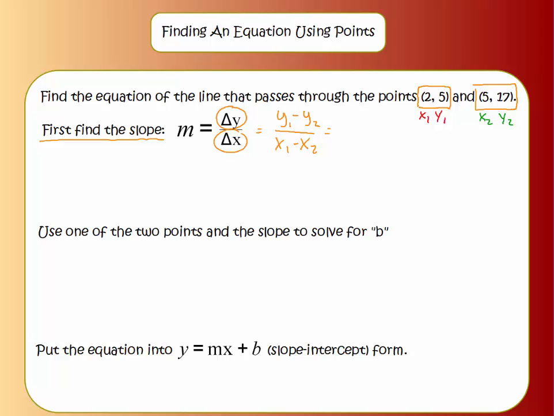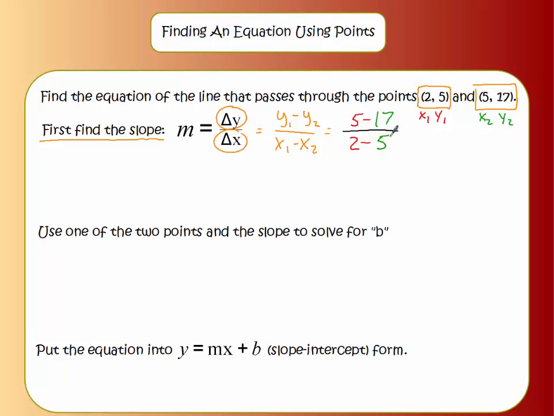Okay, so let me plug these numbers in now. y1 is 5, so I'm going to put 5 minus, and y2 is 17, so let me put a 17 here. And then I have x1, x1 is 2, and I'm going to say minus, and x2 is 5.